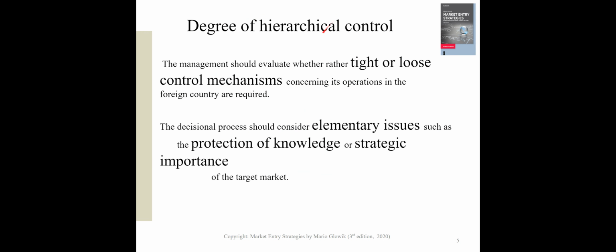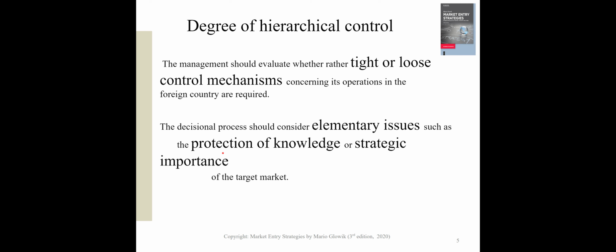Okay, let's start with the degree of hierarchical control. The management should evaluate whether rather tight or loose control mechanisms concerning its operations in the foreign country are required. The decisional process should consider elementary issues such as the protection of knowledge or strategic importance of the target market.